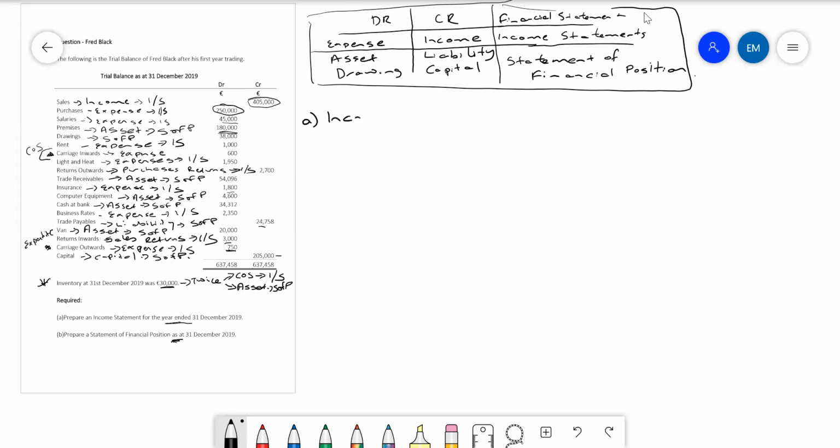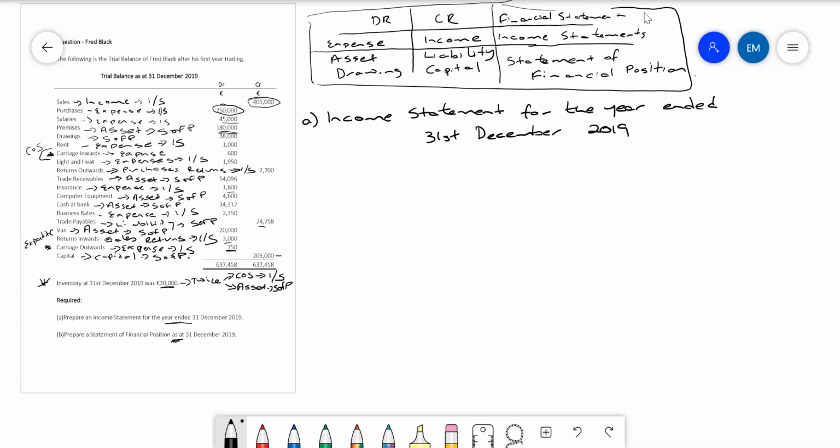So we have the income statement for the year ended 31st of December 2019, and that is your first port of call, the heading on your financial statement.